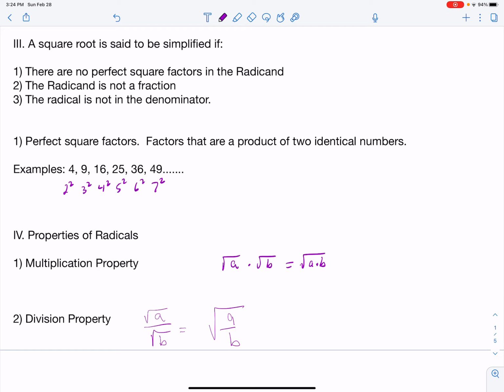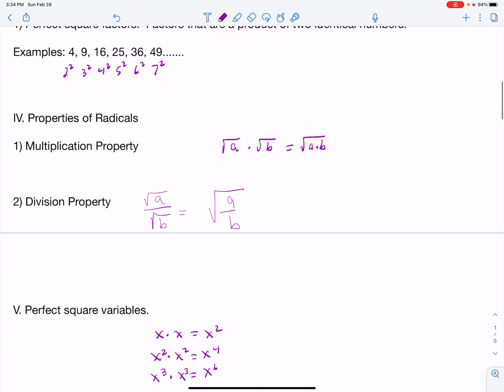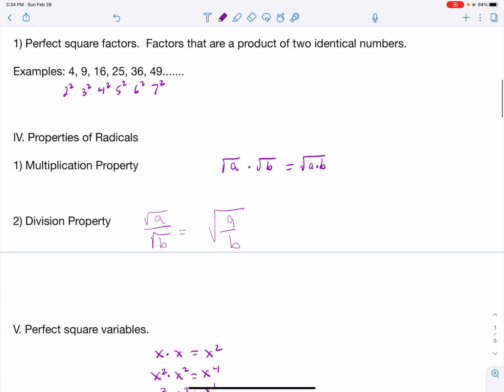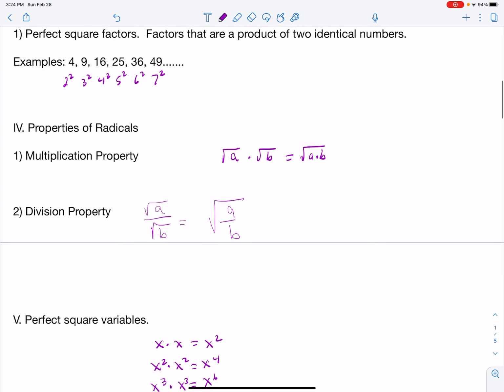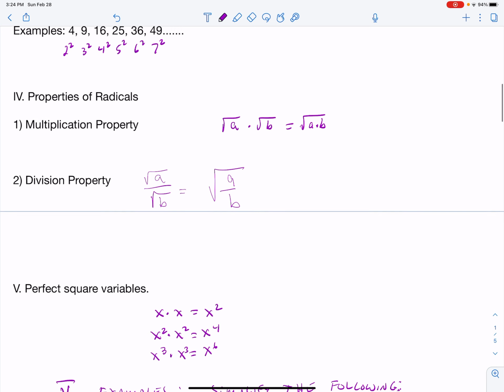Well, we do have some properties for radicals, and we're going to use these in order to simplify them. We're going to use the number one concept, and then we're also going to use these two properties. There's a few more, but these are the two we're going to get to. The first one is the multiplication property. It says that the square root of A times the square root of B equals the square root of AB.